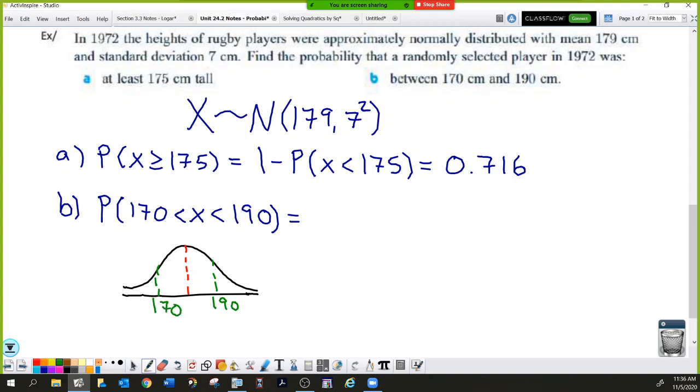In order for me to get the space in between them, I will have to find everything to the left of 190, and then I'll have to get rid of the stuff that is to the left of 170. So this is the probability that x is less than 190 minus the probability that x is less than 170.